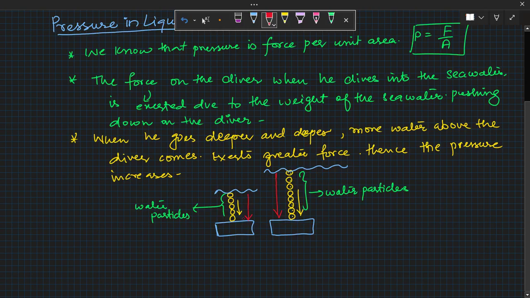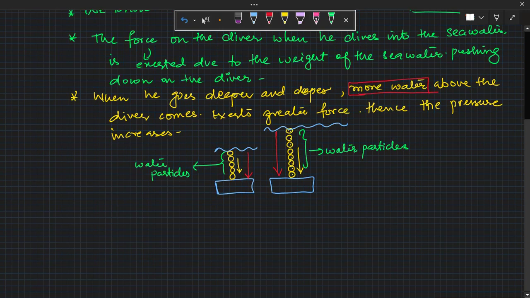Why? Because more water will be there. Is this clear to everyone? So more water will be above the object, above the diver, or any object inside the water. So due to more force, more pressure will be exerted. Clear?